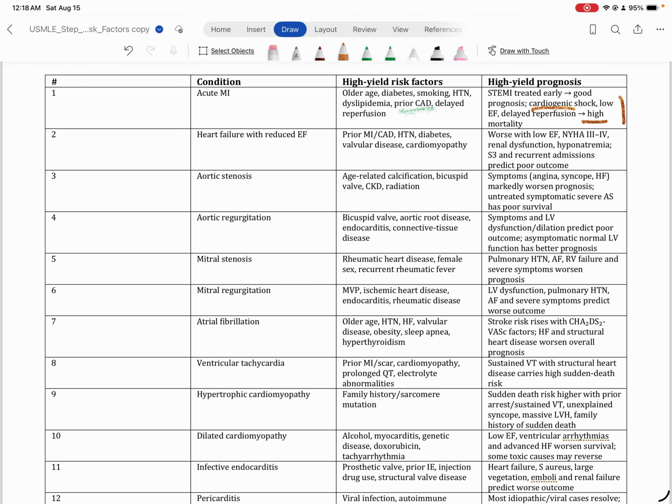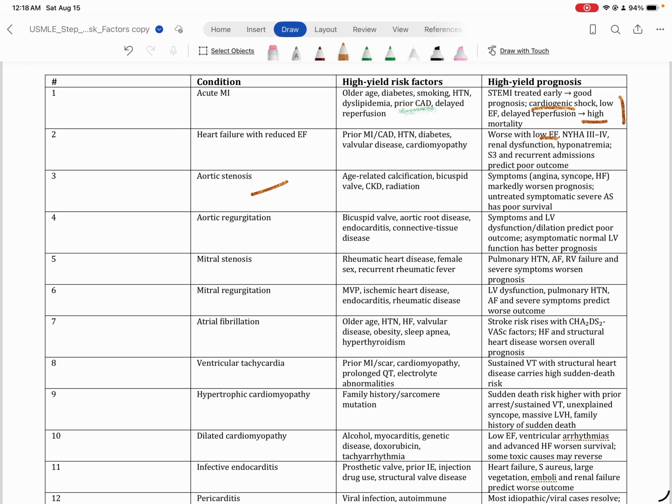Now, prognosis for heart failure with reduced ejection fraction is low ejection fraction, New York Heart Association class 3 and 4, renal dysfunction, hyponatremia, meaning low sodium, and then S3, and then recurrent admissions that indicate poor outcome.